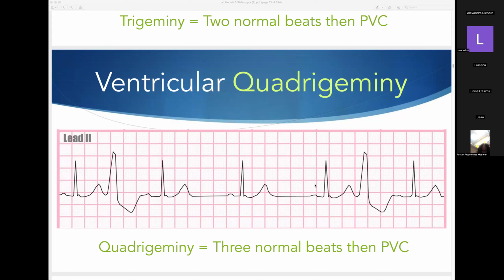So 1, 2, 3, the PVC is number four. So that's ventricular quadrigeminy. We would say this is still a sinus rhythm, but technically 1, 2, 3, 4, 5, you can say sinus brady with ventricular quadrigeminy.